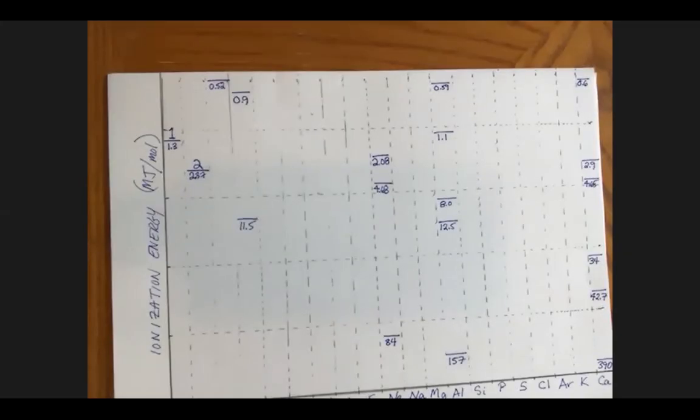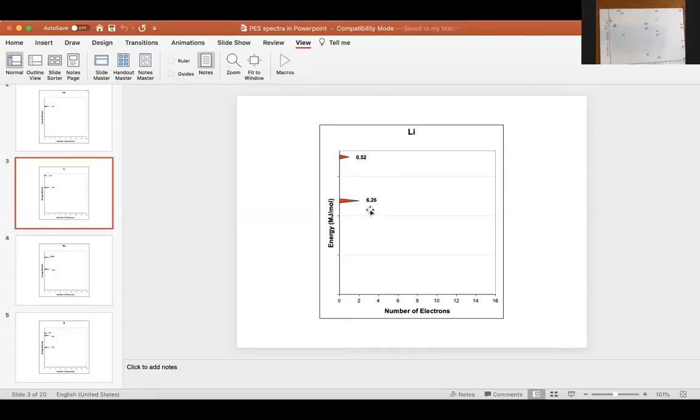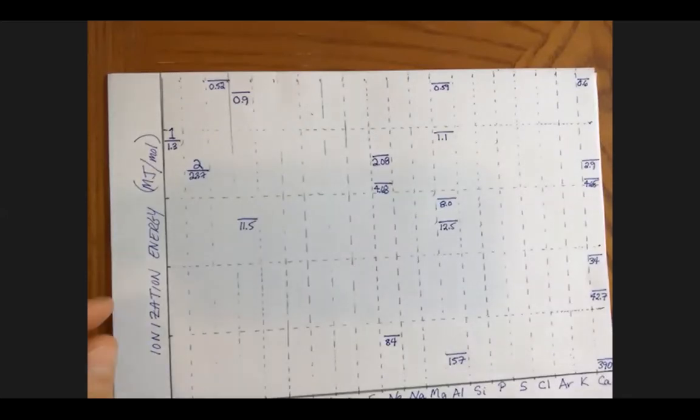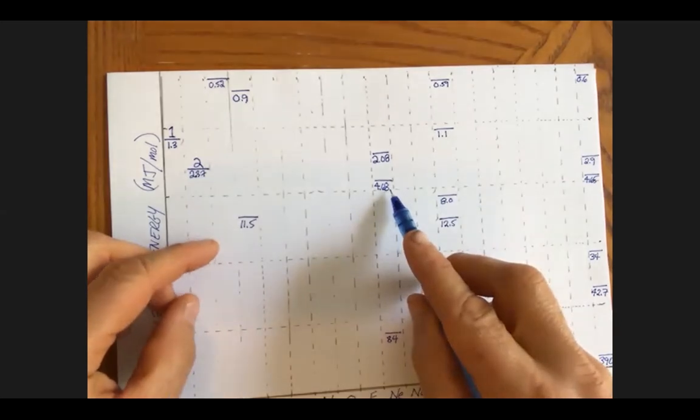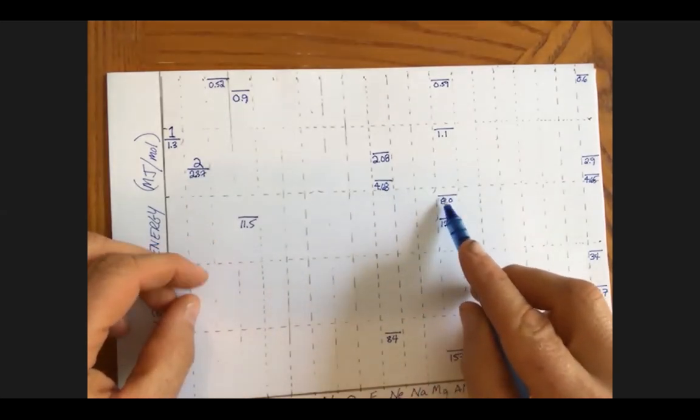And do you remember what the other one was? It was 6 point something. Yeah, 6.26. So now I'm going to go back over here, 6.26. So I'm going to look on this graph. Here is 4.68. Here is 8.0.